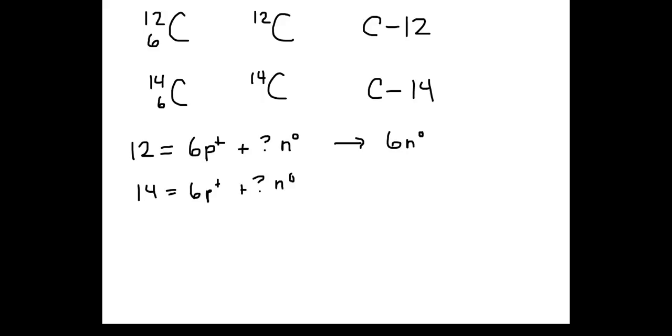If you subtract 6 from 14, that means you have 8 neutrons in carbon 14. So the number of protons never changes, which is why this number is optional, but the number of neutrons can change, and that determines our mass number, how much our isotope weighs. Any other questions on this?